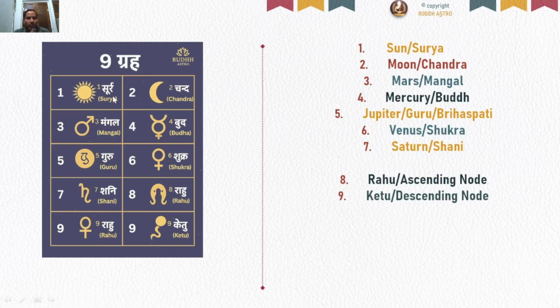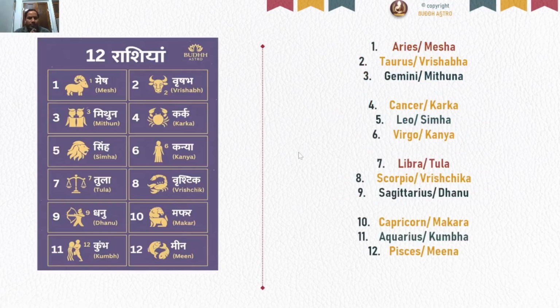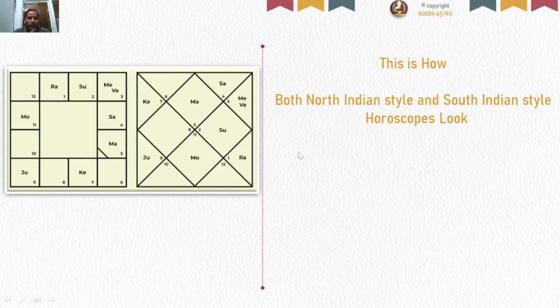Now you can see Surya, Chandra, Mangal, Buddha, Guru, Shukra, Shani, Rahu, and Ketu. This is a misprint; 9 planets are there. These 9 planets are written by their names. See in this chart, MA means Mars and 5 means Leo sign.